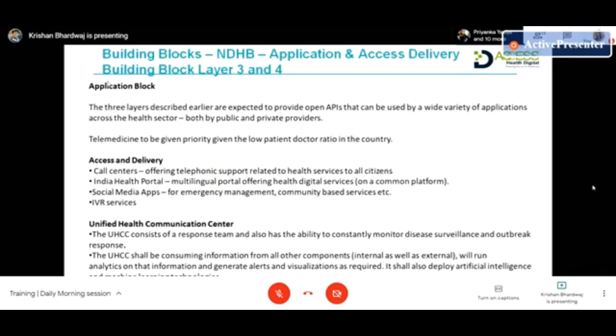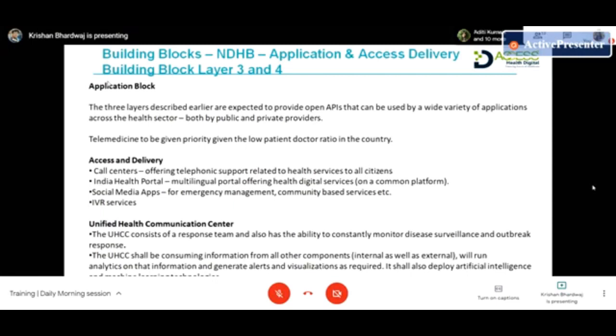The third and fourth layer on top of this is basically the application and the access delivery control layer. The application building block layer is they are saying that you have the data layer, then you have the technology layer. So you should publish all the application functionalities as open APIs, and using these open APIs, anybody should be able to develop any sort of application.